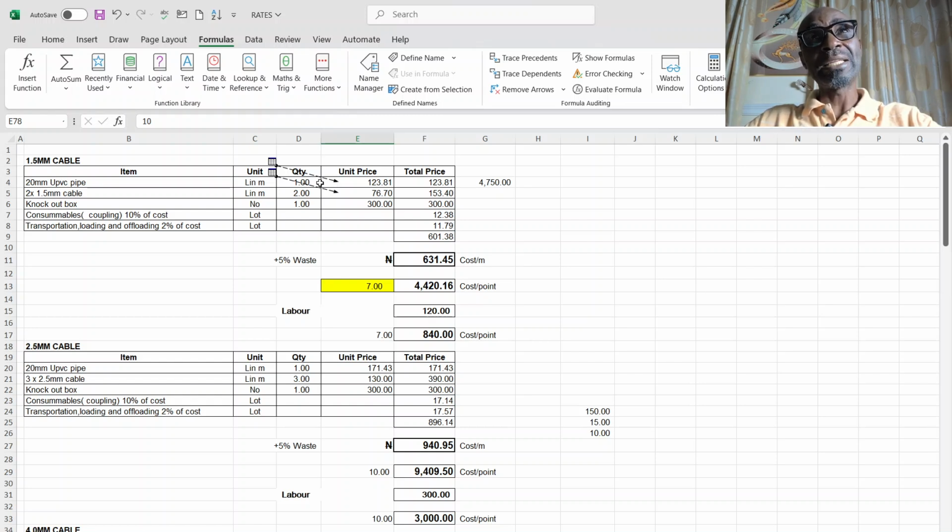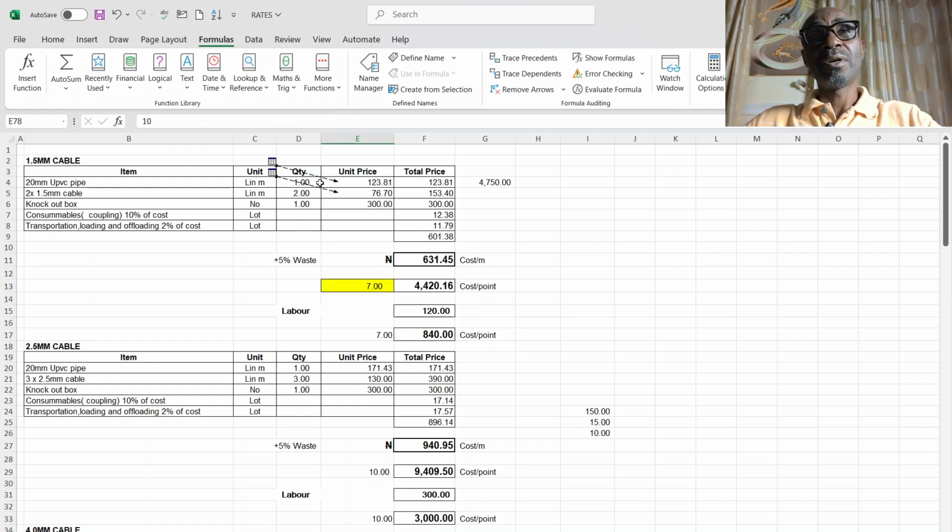Those items are the things that you need to include in the price of that point.